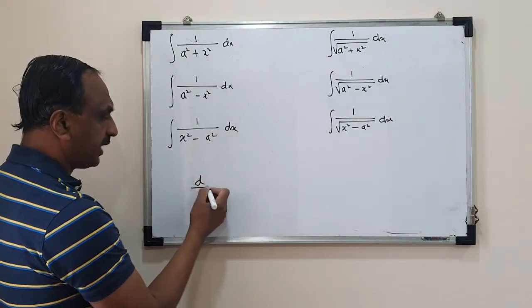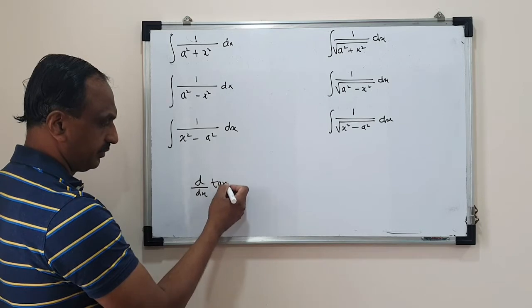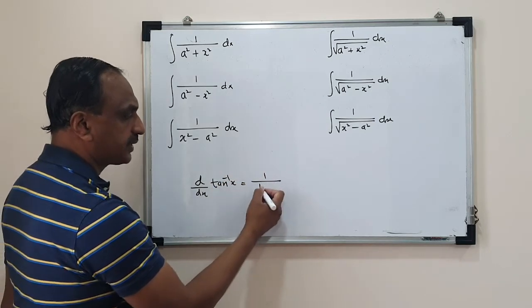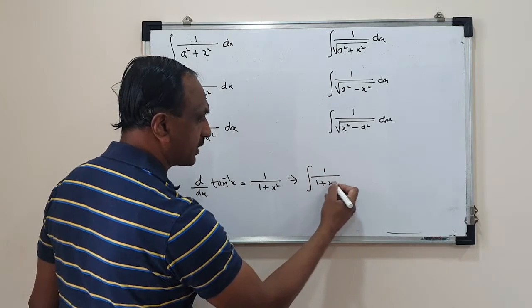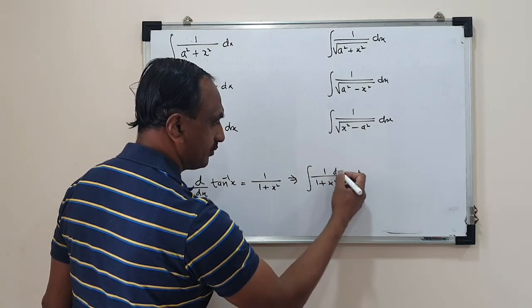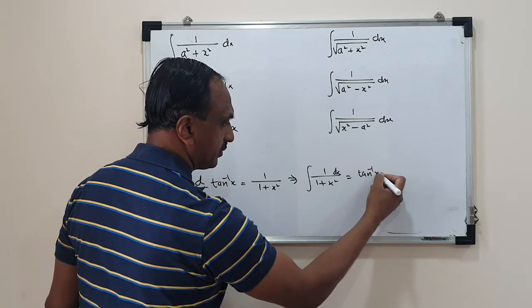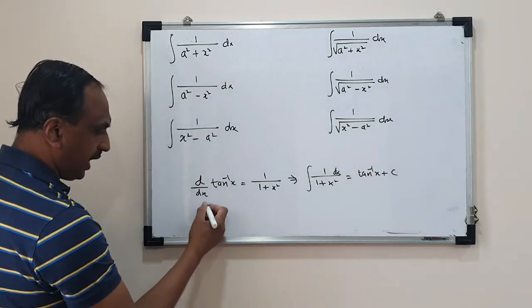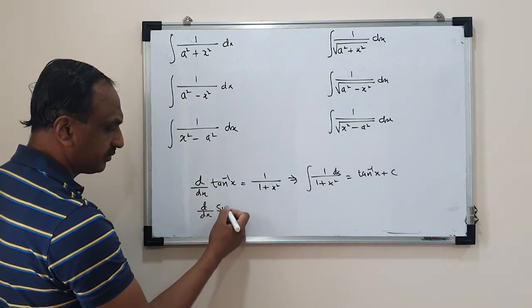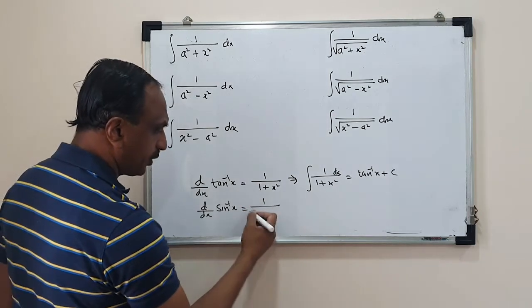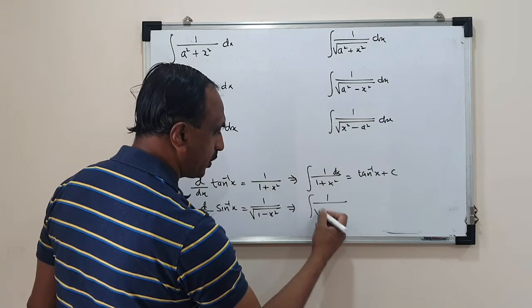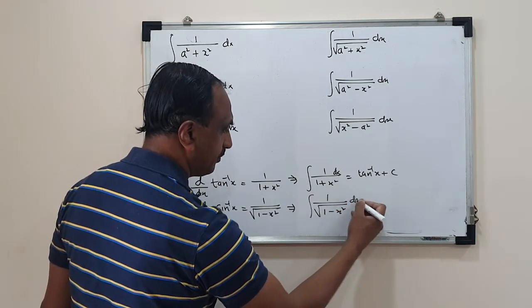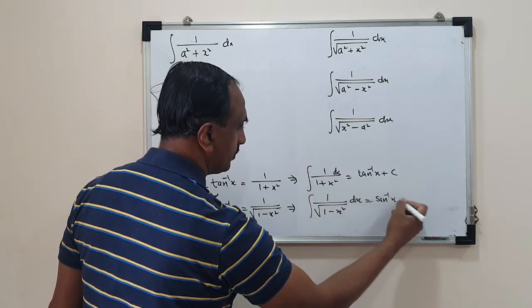I know the derivative of tan inverse x is 1 upon 1 plus x square, which implies integral of 1 upon 1 plus x square is tan inverse x. Same way, I know the derivative of sin inverse x is 1 upon root 1 minus x square. What does that mean? Integral of 1 upon root of 1 minus x square dx is sin inverse x.